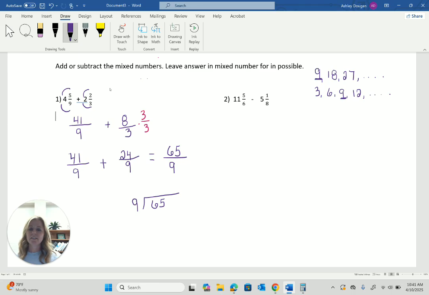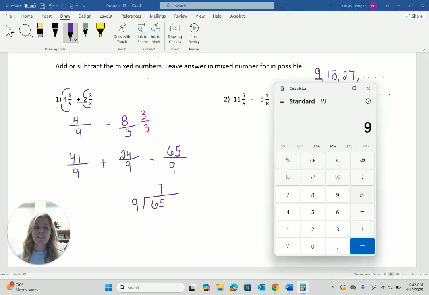9 will go into 65 7 times. And if you're not sure where 7 came from, you would just go through your multiplication facts until you got a number close to 65, or you could guess and check with your calculator.